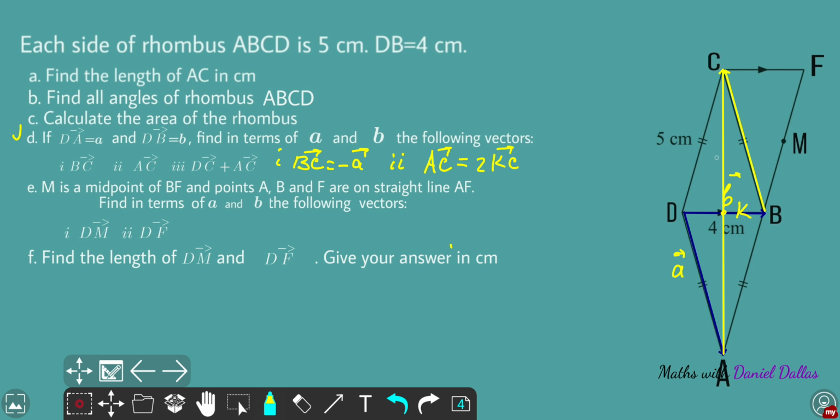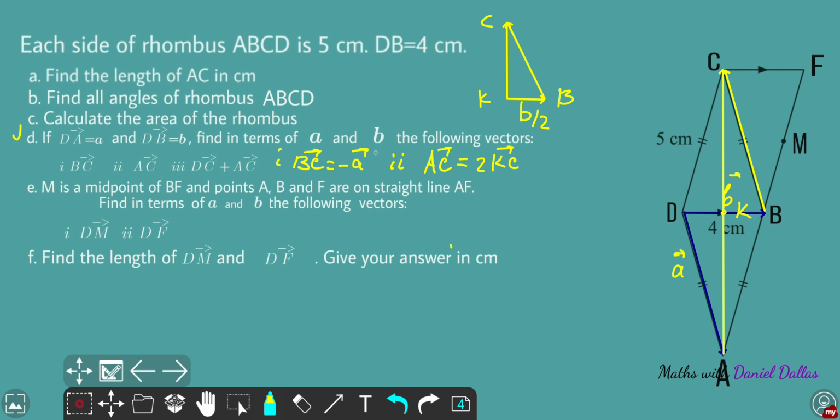And how can we figure out KC? Just drop the triangle from where we can figure it out easily. So that's going to be triangle KCB. And in this case, we know this vector KB is B over 2, because, let's mark K, B and C. So KB is B over 2.